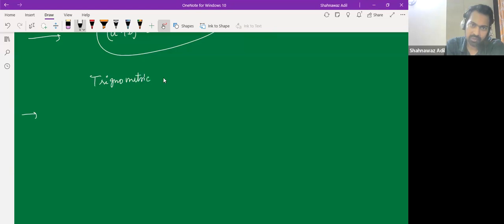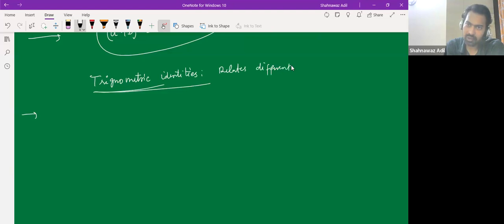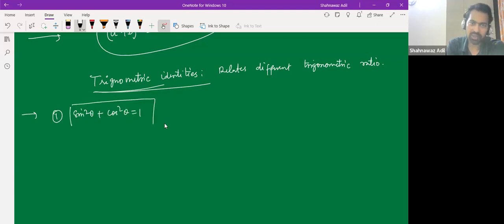Sine square theta plus cos square theta is equal to 1. This is the first trigonometric identity.